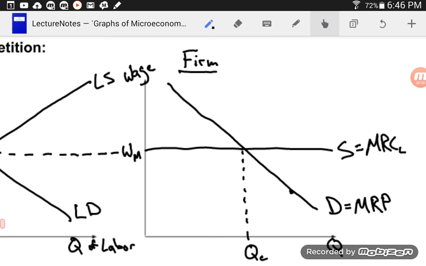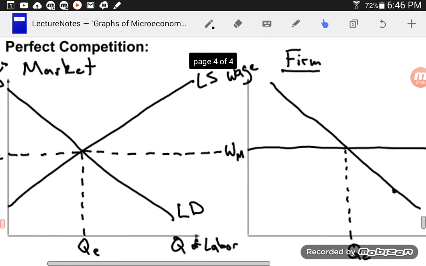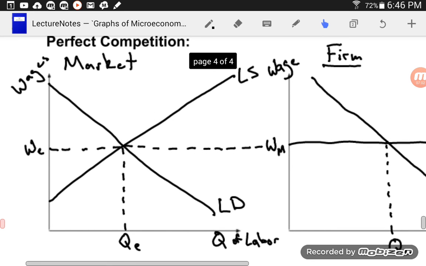Now, if something changes in the labor market, if all of a sudden there's a much larger supply of labor and it drives down wages, then maybe it'll become worth hiring Aaron.